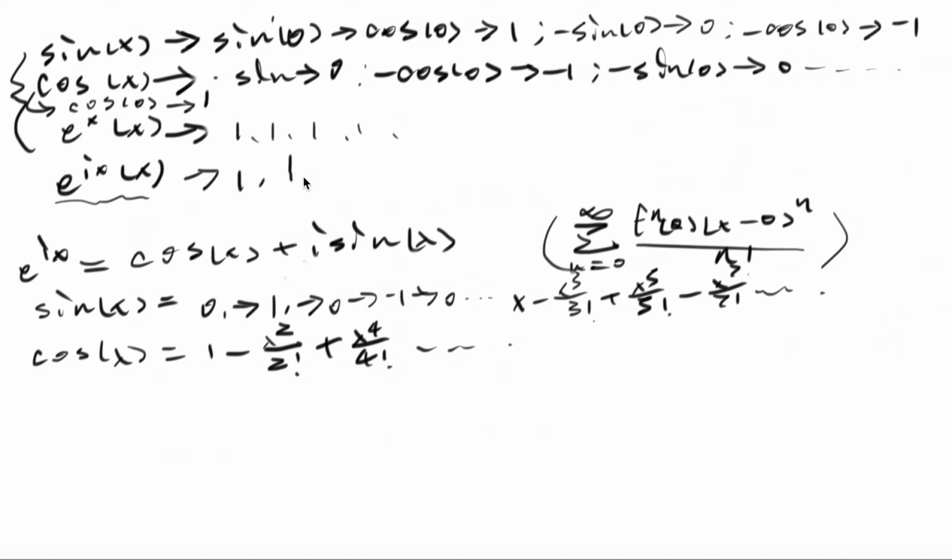It's going to be ix times 1. Then it's going to be ix squared times 1. This is its second derivative. And because e to the i times 0, which is e to the 0, is 1, it goes on and on.